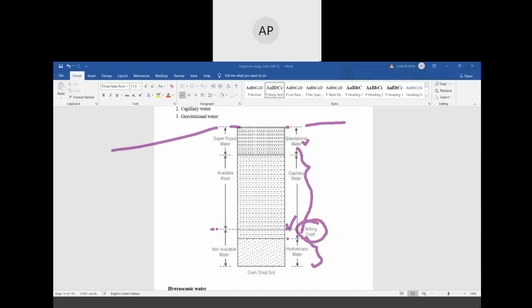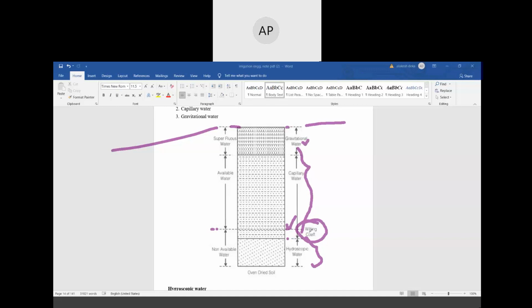That means at this point the plant cannot grow. Okay, so this is called wilting coefficient. So this is the location of water: gravitational water, capillary water, and hygroscopic water.